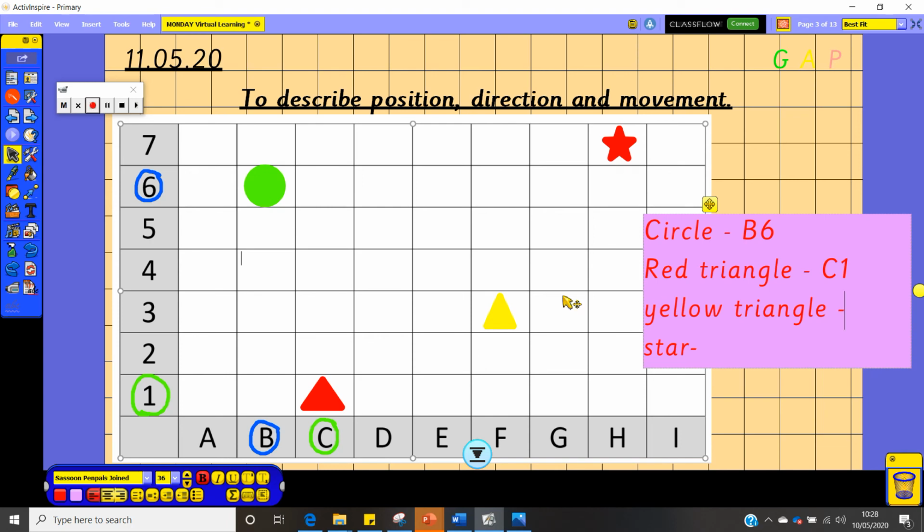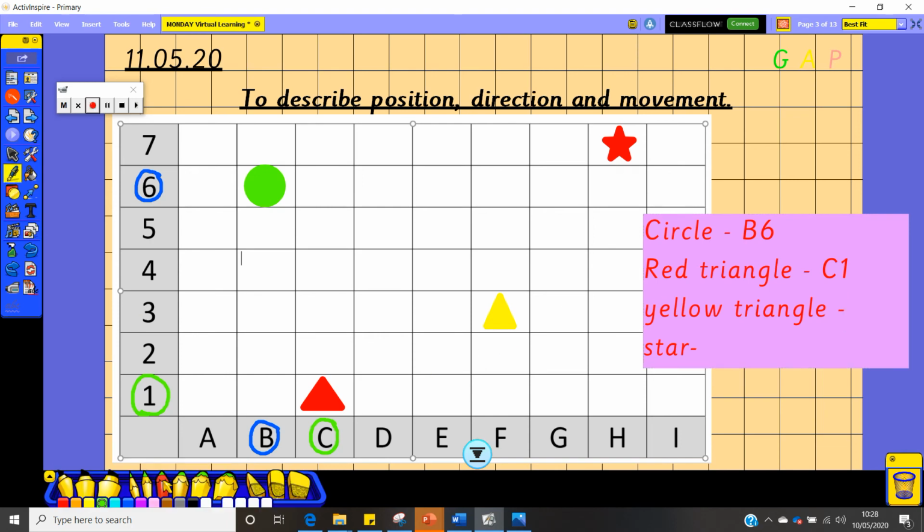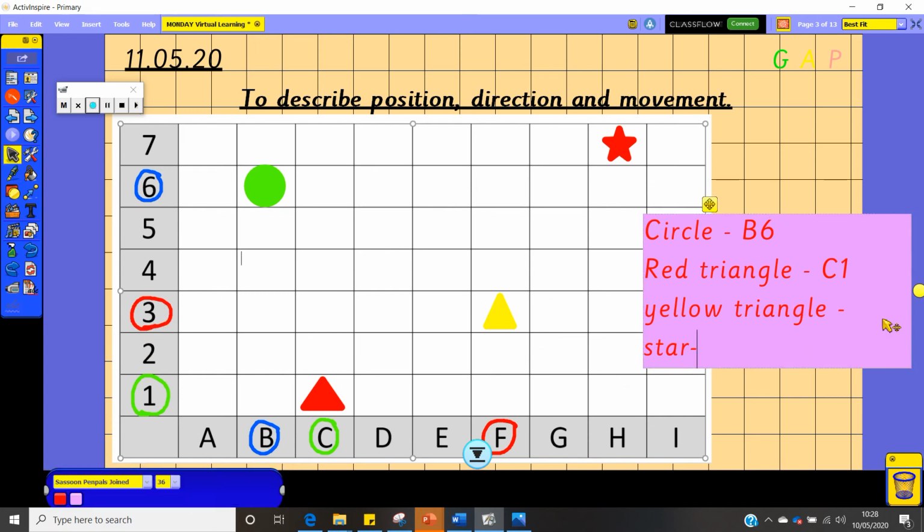So let's do the same for the yellow triangle. We're going to go along the bottom until we reach the column. So it's in column F. And we're going to do the same, start at the bottom, go up till we reach the row, and it's in row 3. So the coordinates of the yellow triangle are F3. And we'll just finish finally with the star.